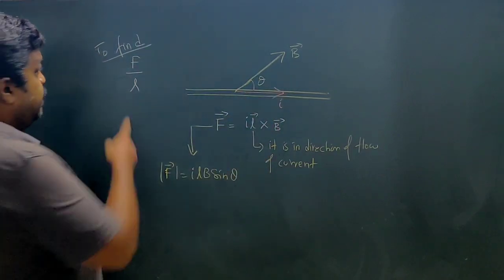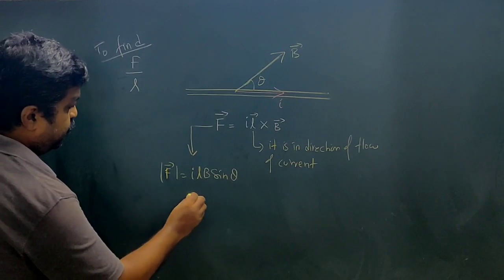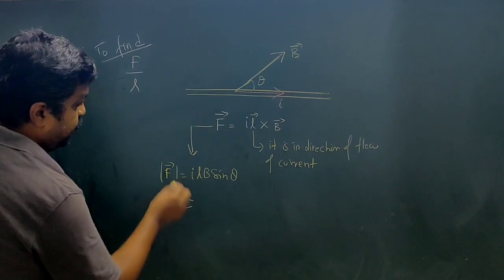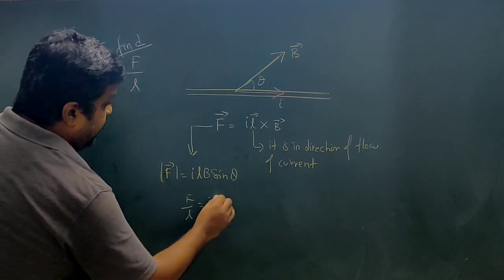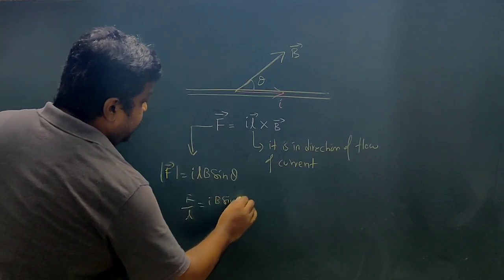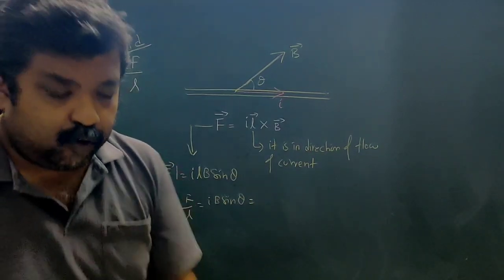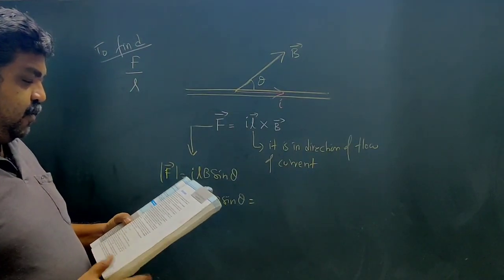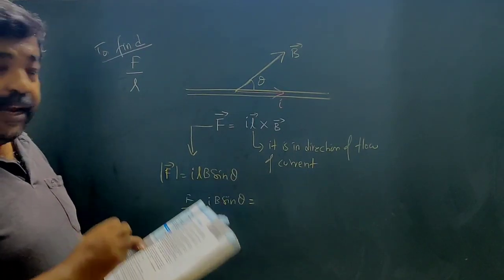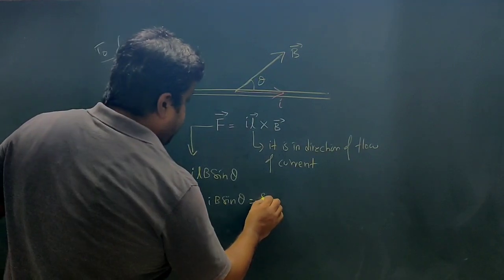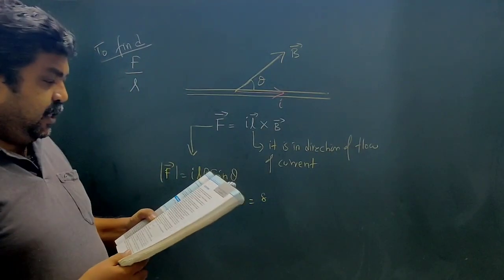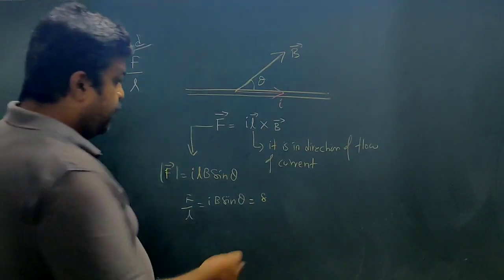We have to find force per unit length. So from this, F by L is equal to IB sin theta. The current is 8 ampere, the strength of magnetic field is 0.15 Tesla, and theta is 30 degree.